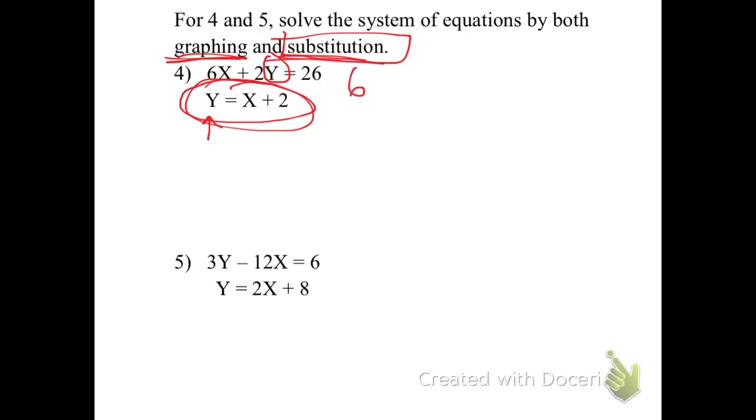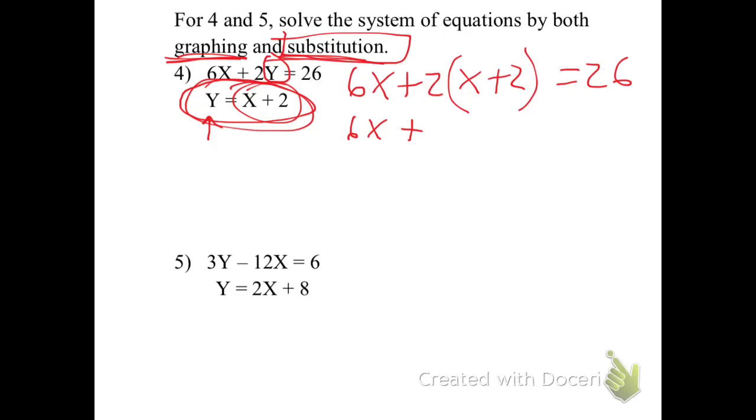So if we were to write out the equation, we get 6x plus 2, and then remember, put the stuff in the parentheses, x plus 2 equals 26. And now it's just a process of solving for x, which we've done before. 6x, we're going to distribute this 2 through to get 2x plus 4 equals 26.